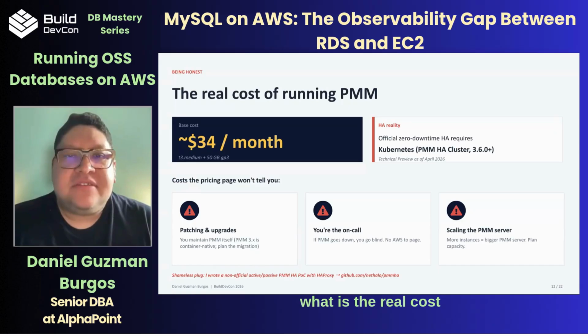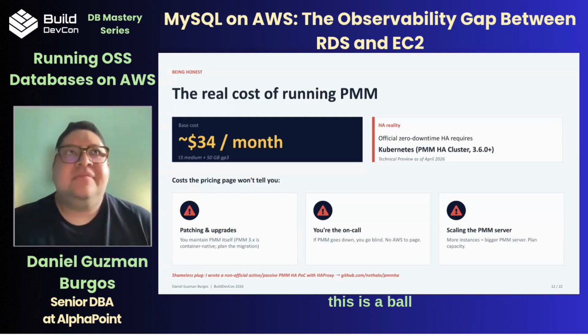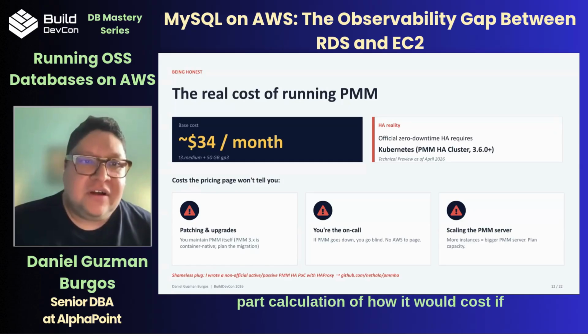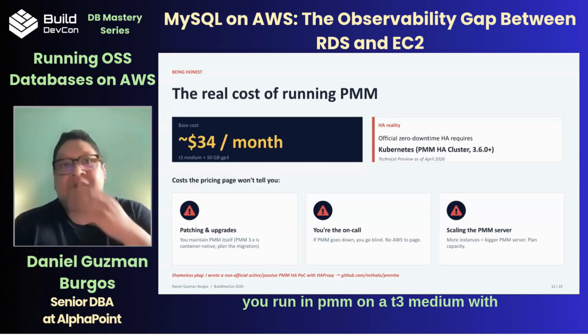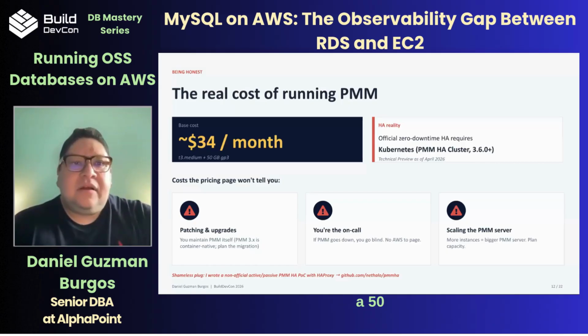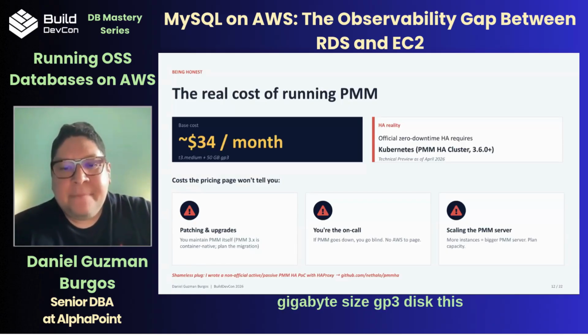But what is the real cost? This is a ballpark calculation of what it would cost if you're running PMM on a T3 medium with a 50 gigabyte GP3 disk.